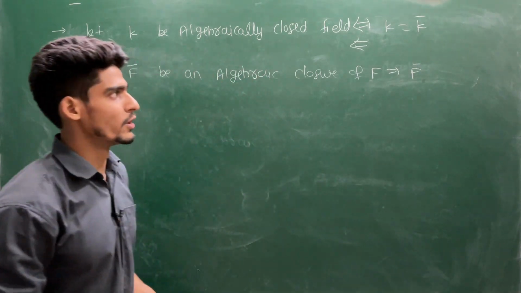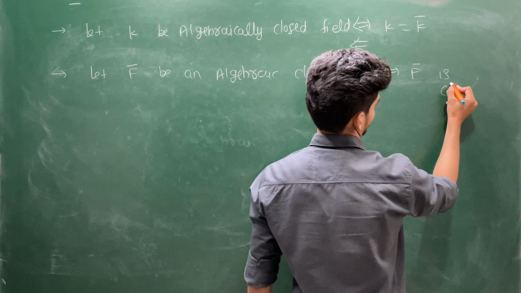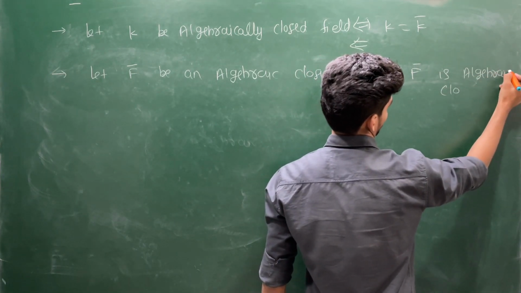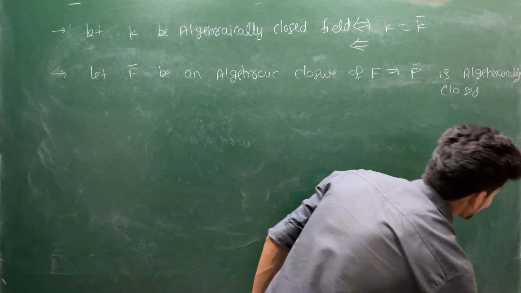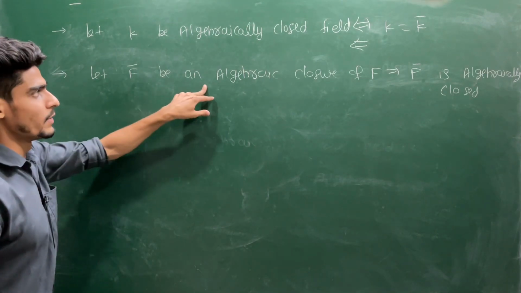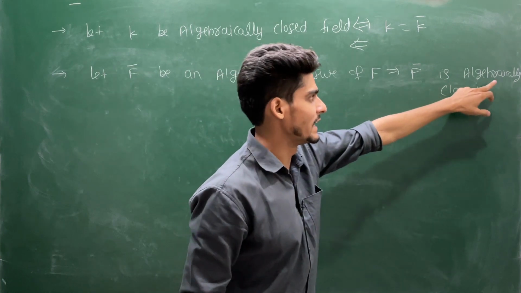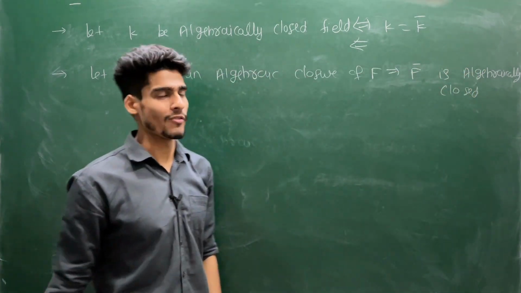Whether this F bar is going to be algebraically closed or not? This F bar is algebraically closed. And what we need to show, we have given F bar is an algebraic closure of F. We need to show F bar is algebraically closed. That means every polynomial in F bar completely factors into F bar.